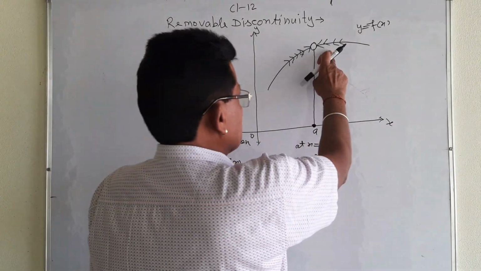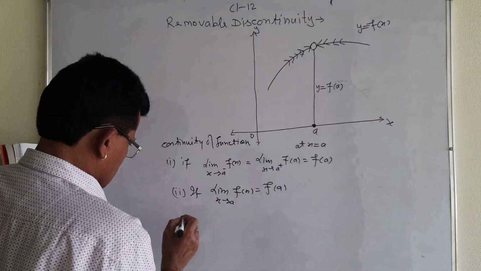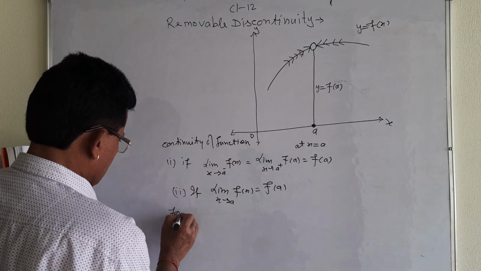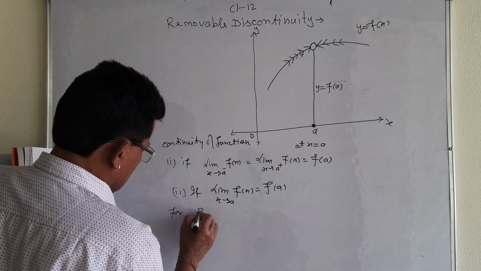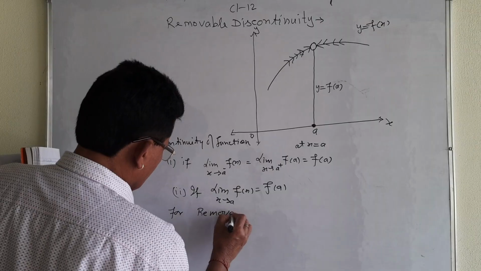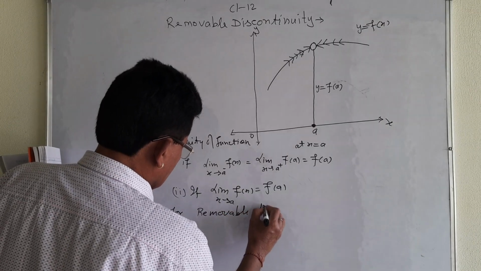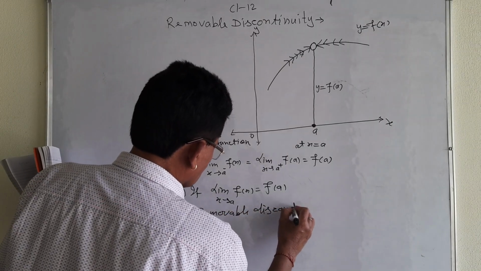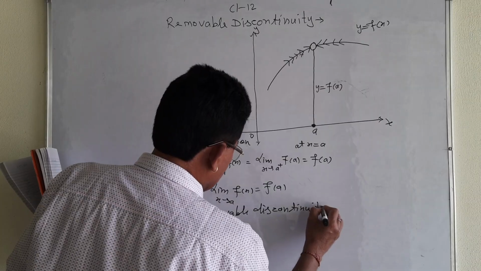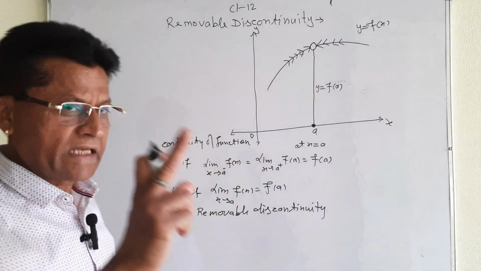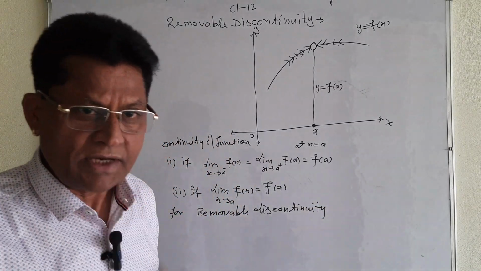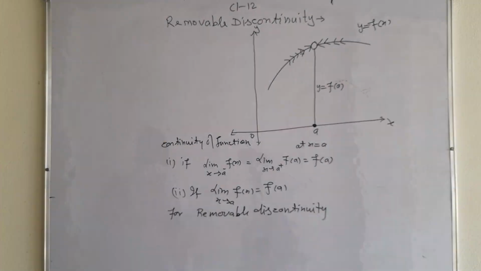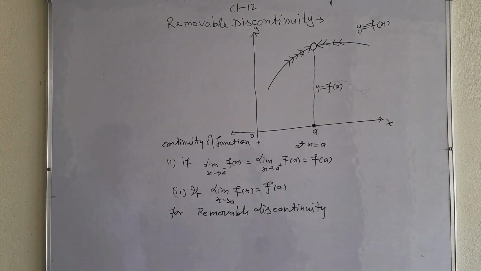Now, you see by this condition, the left limit is equal to the right limit. Now, for removable discontinuity, my dear student, I told you that I will tell you each and every step so that you will understand.